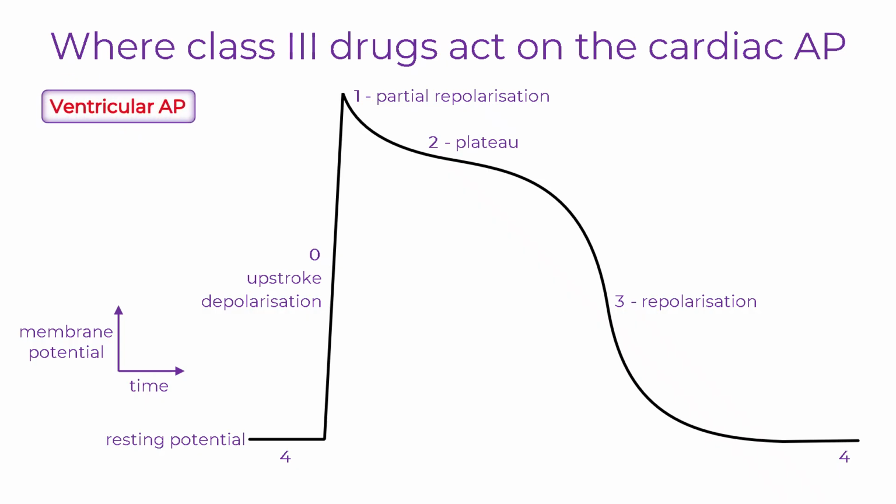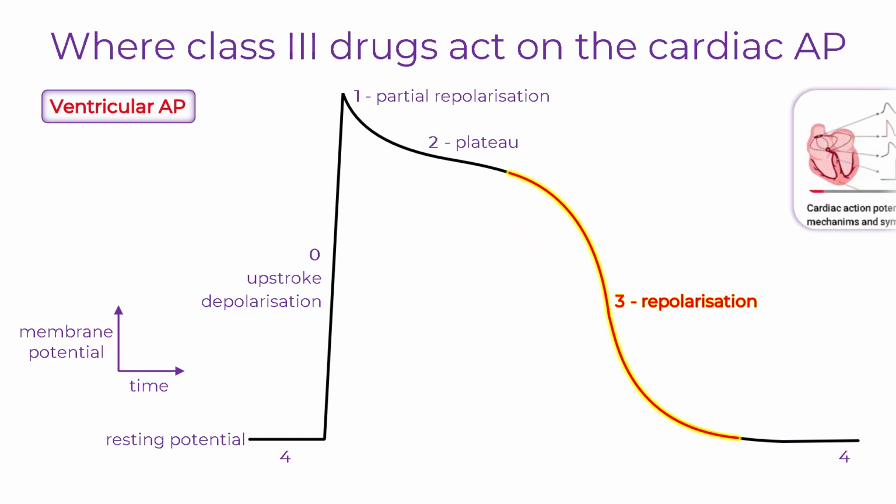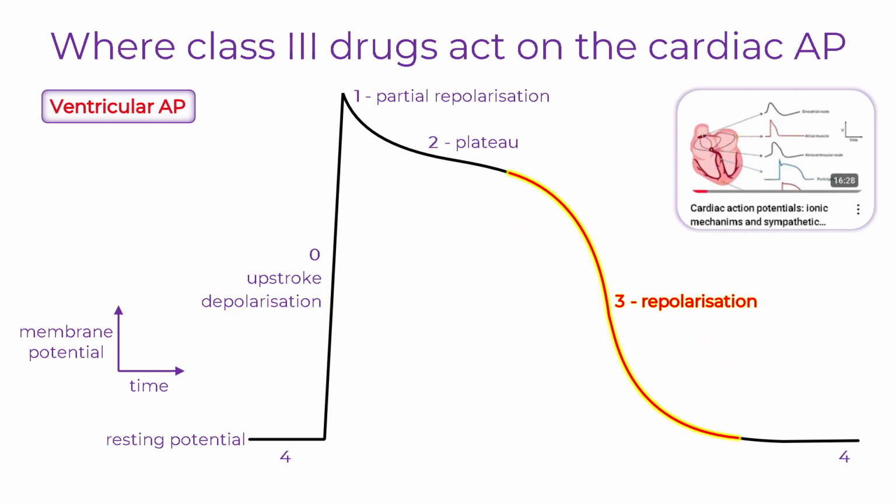Class 3 antiarrhythmic drugs act during phase 3 of the cardiac action potential, the phase responsible for repolarization. A full explanation of all phases of cardiac action potentials is covered in a separate video, which you may want to review if you're less familiar with the underlying electrophysiology. In this lecture, we'll focus on how potassium currents shape repolarization during phase 3.